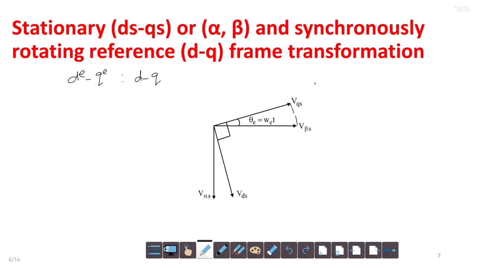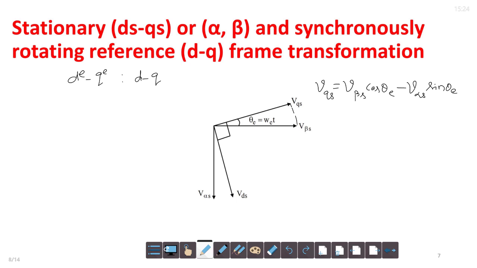So, VQS is V beta S cos theta e, the component of V beta S along VQS is cos theta e, and the component of V alpha S along VQS is cos of theta e plus 90 degree. So, it is minus sin theta e. So, we have minus V alpha S into sin theta e, because cos of theta e plus pi by 2 is minus sin theta e.